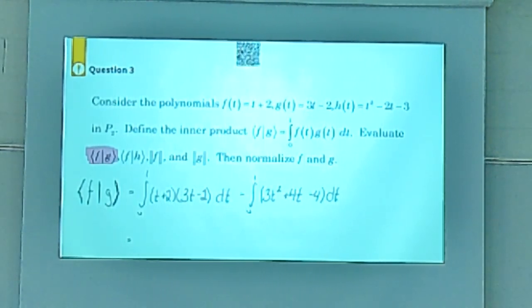T cubed plus 2t squared minus 4t. And then evaluate that along with the... So what did you use? What's that called?